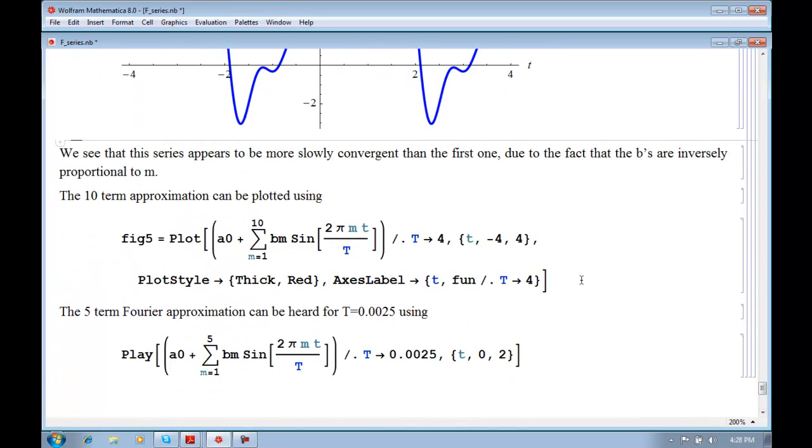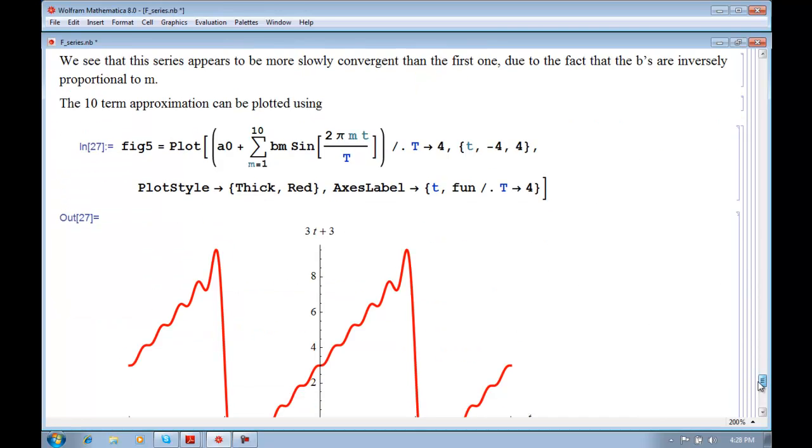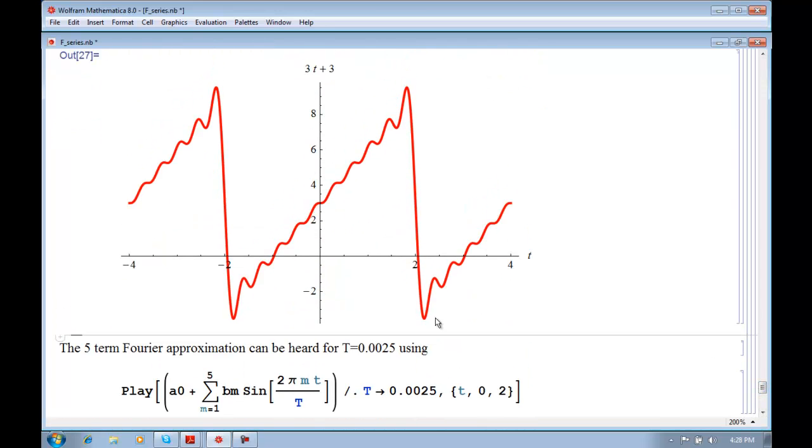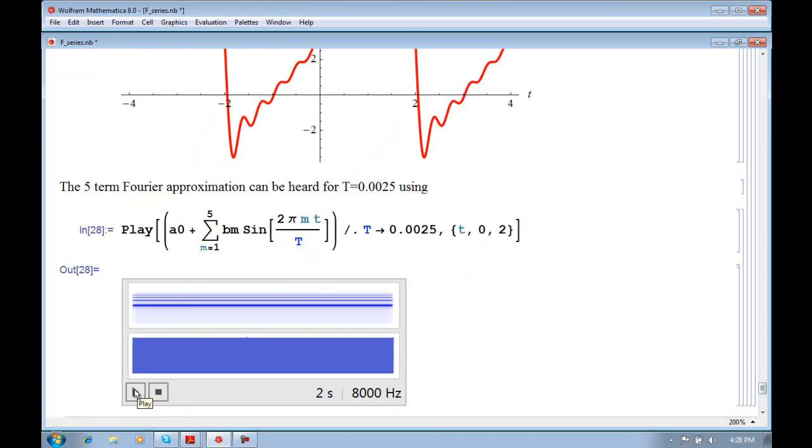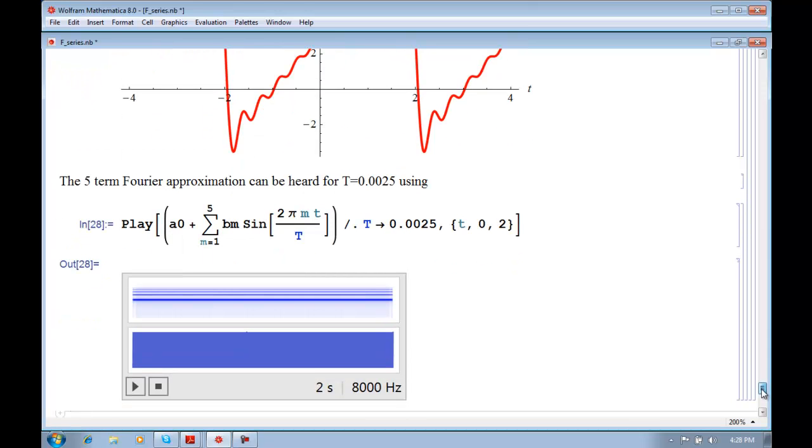We can take a 10-term approximation, and it's starting to look a bit better. And we can play the 5-term approximation for T equals 1 over 400 using this. Sounds kind of the same. Well, that's the end of the story. So let's stop the video, and there you go.